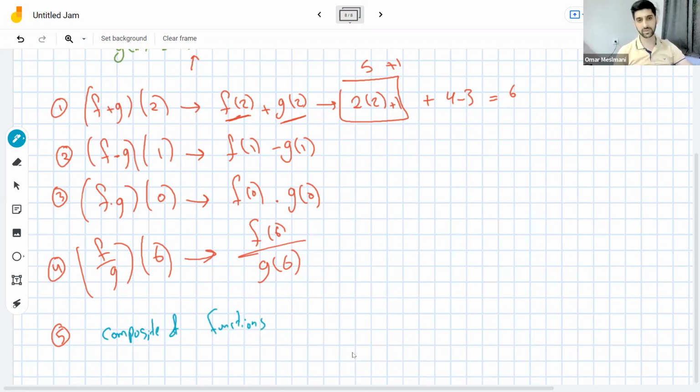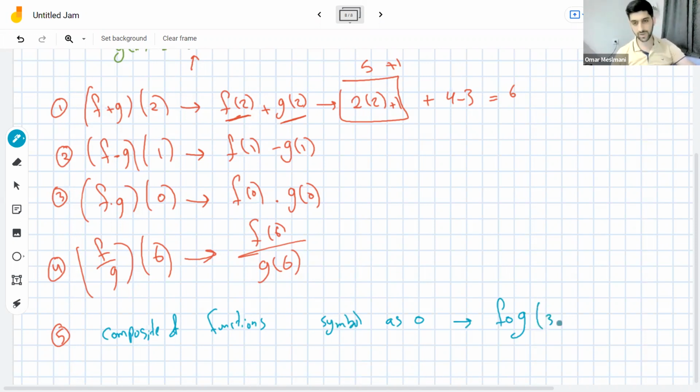So what is the composite of functions? It's basically when you order the functions. First of all, the symbol of it is o. So when I say f o g, which one is going to be started first? I'll show you an example and you will understand it.